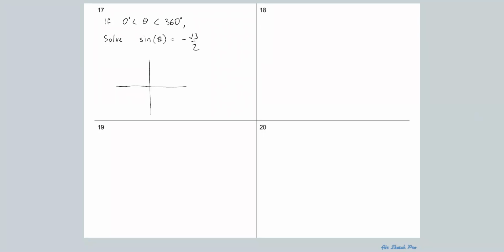Will asked the best question of the day so far. What was your question, Will? Are there multiple answers? And the answer is yes. If you got 2 answers, very well done. Because remember, when I say solve sine theta equals negative root 3 on 2, I'm not saying find a value for theta.